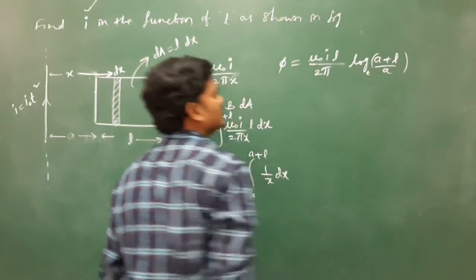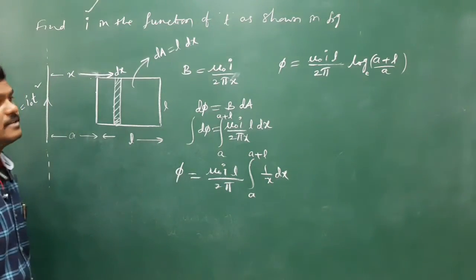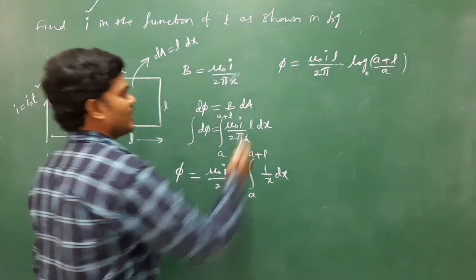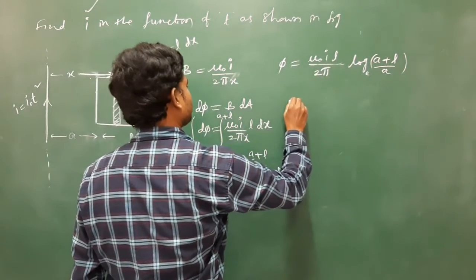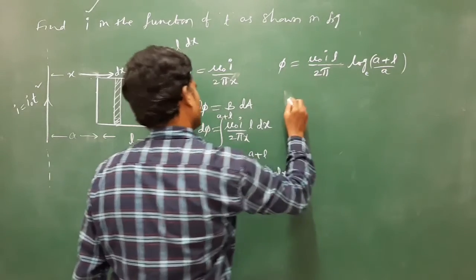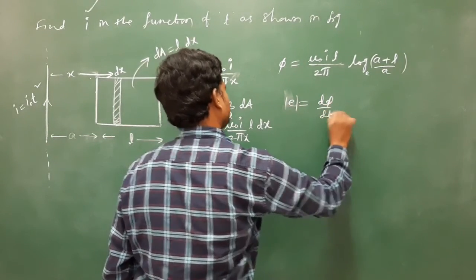So I got log of a plus L minus log a, that is log of a plus L by a. Just apply the integration. So I got the flux, and now let me find EMF, d phi by dt.